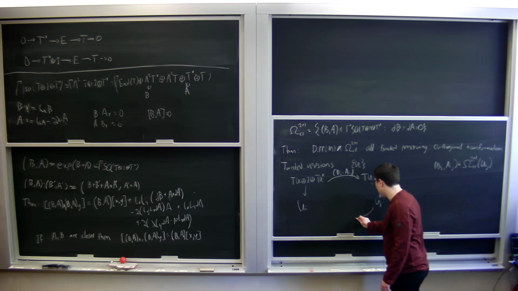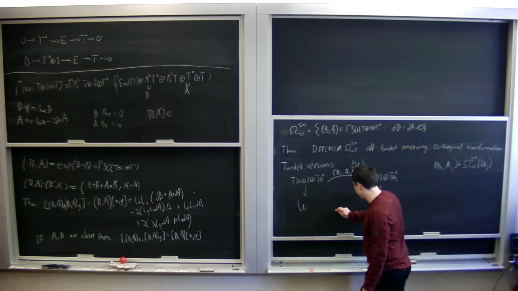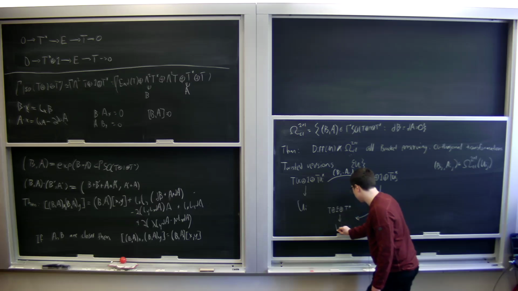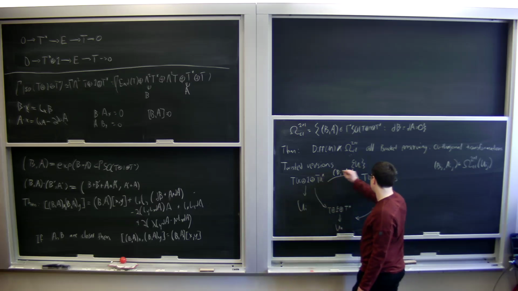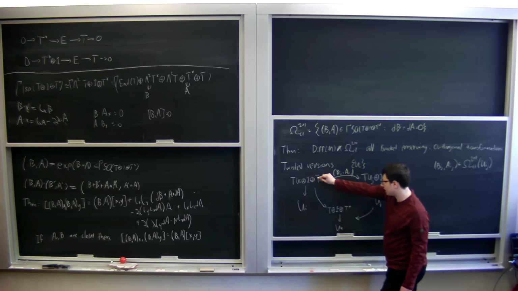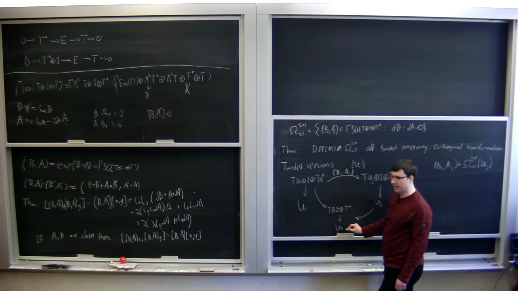We also want to know that if we map to the bundle over U_k, this should be the same as mapping just directly from U_i to U_k.